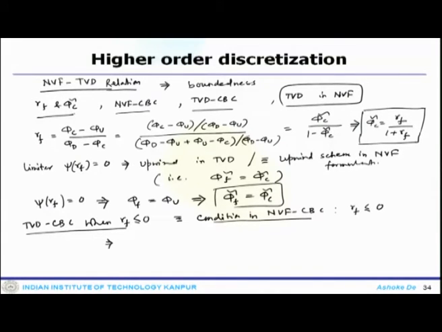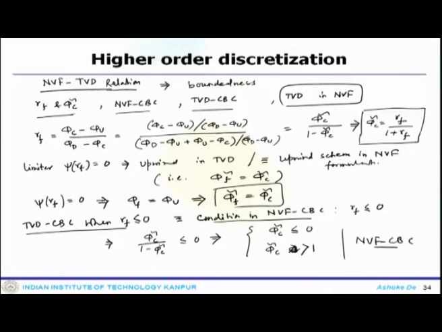So, that tells us phi c tilde less than 0 or phi c tilde greater than 1. So, this also represents the condition for imposing the upwind scheme in the NVF CBC.